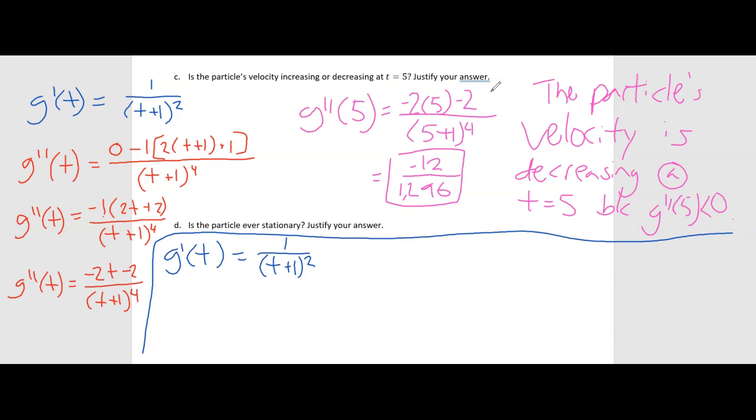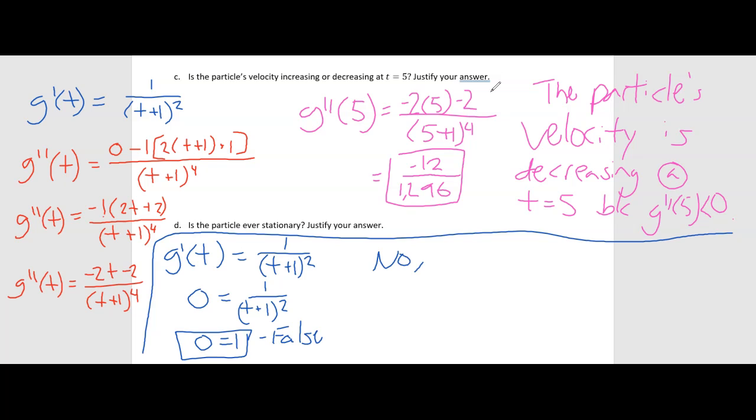So again, we just have to focus on where the derivative is equal to 0 to figure out where the particle is stationary. So I set the derivative equal to 0. I multiply both sides by my denominator, so I get 0 is equal to 1. Right? This is a false statement. So there are no solutions. There are no spots where the derivative is going to be equal to 0.